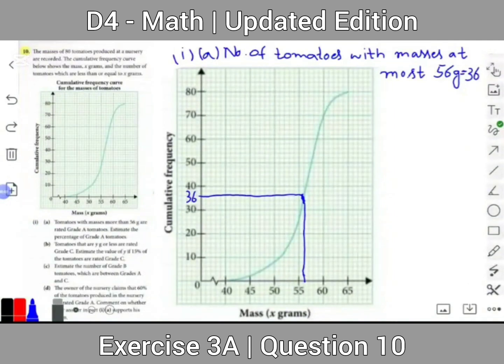But we have to find the tomatoes with masses more than 56 grams. So for this, we have to subtract the number of tomatoes with masses at most 56 grams from the total number of tomatoes.